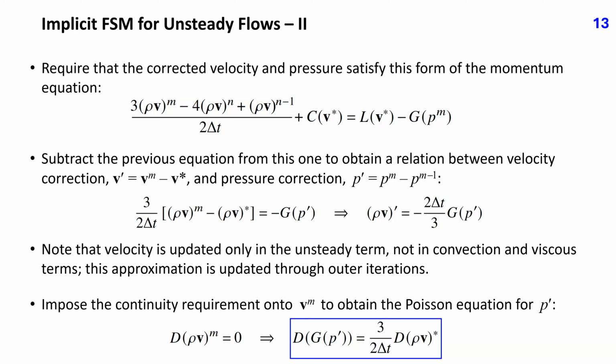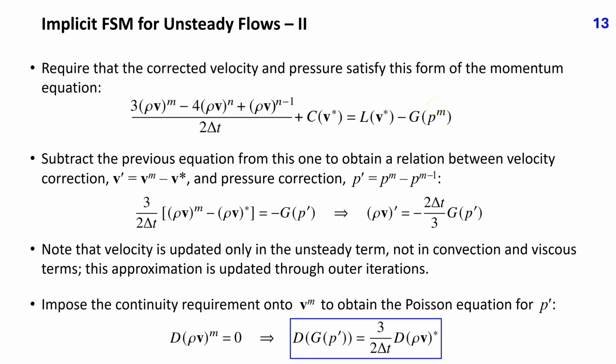We now require that the corrected velocity V^m and pressure P^m satisfy this form of the momentum equation. By subtracting the momentum equation solved in the predictor step from this one, a relation between velocity correction V' equal V^m minus V* and pressure correction P' equal P^m minus P^(m-1) is obtained, given by these expressions.